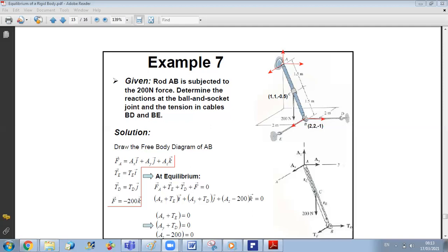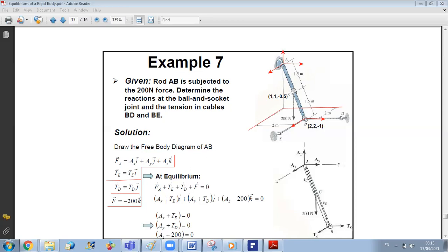Concerning the tension in cable BE, as you can see in the figure, if this is X and this is Y, TBE is parallel to the X axis. This is why TE is along i only, while TBD is parallel to the Y axis, so it only has a j component. So TD equals TD j.